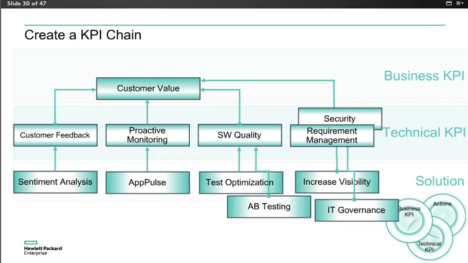And the same when you look at what kind of solution we are using to deliver these technical KPI measurements. It can be sentiment analysis, where we can technically ensure that we get real customer sentiment, and it will impact the customer value KPI.